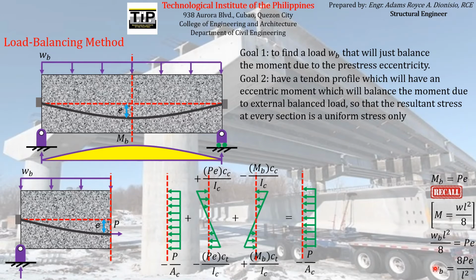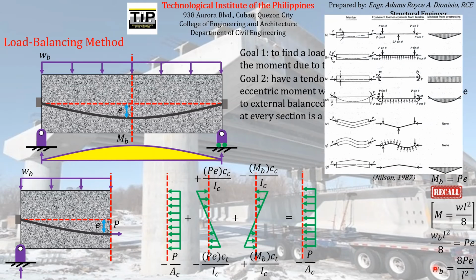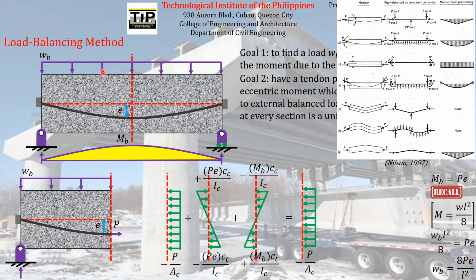Actually, it depends on the load that will be carried by the concrete element itself. We can directly say that this formula is dependent on the moment diagram that will be produced by the load applied to this particular concrete element.